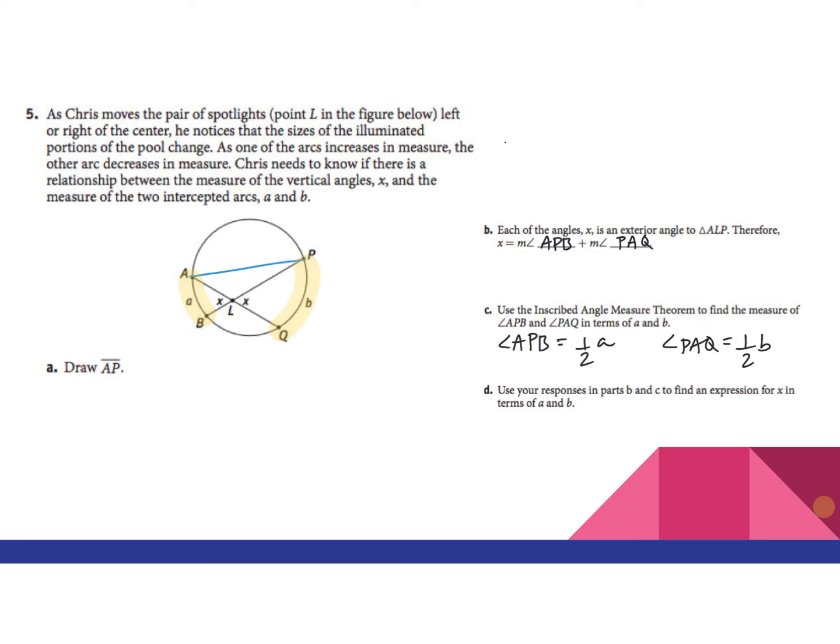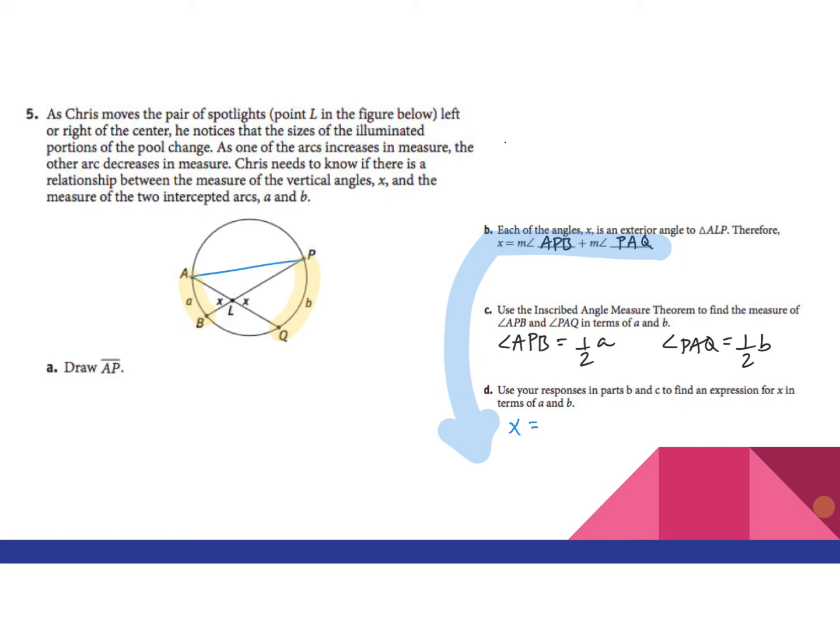For part D, it says use your responses in parts B and C to find an expression for X in terms of A and B. So look up above. Look what we wrote down exactly in part B. And let's bring it down here. So we can see that X equaled those two angle measures added together.